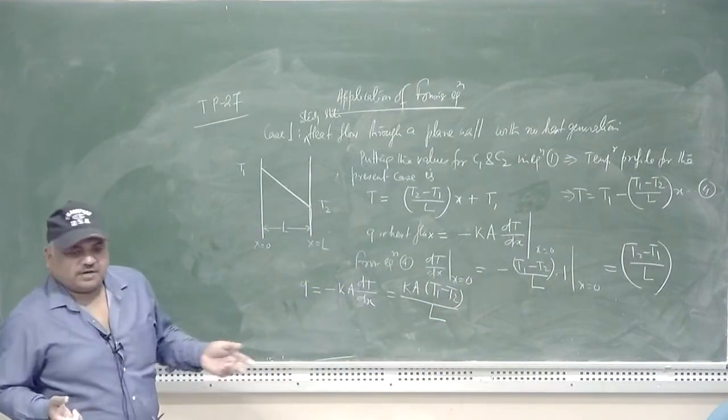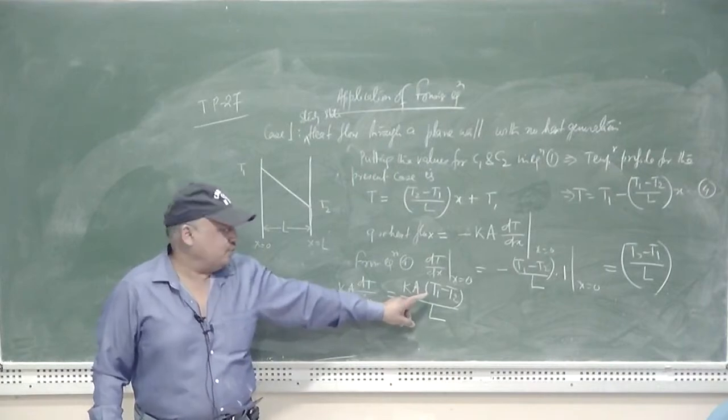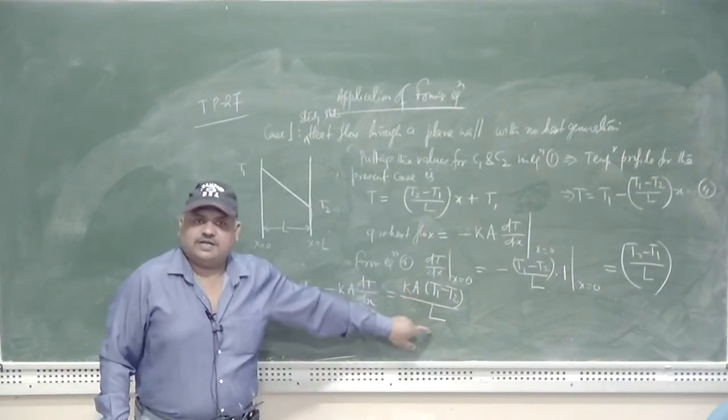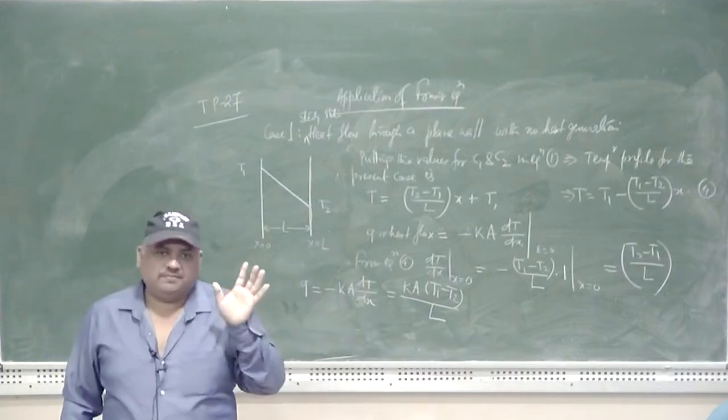This is always a positive quantity. K is a positive quantity, area is a positive quantity, T1 is greater than T2, so T1 minus T2 is a positive quantity, L is a positive quantity, so this will be greater than 0 all the way.